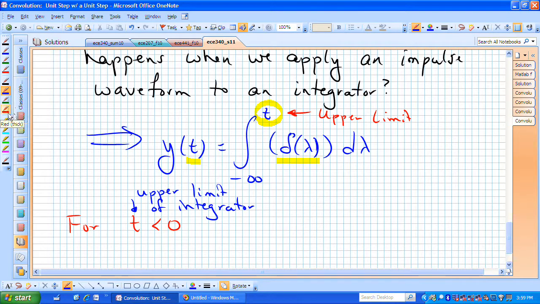For t less than 0, this t is what we are integrating up to relative to the variable of integration lambda. If our variable of integration lambda has not even reached 0, then what's happened to our argument of the integral? If the upper limit of integration t is less than 0, then the impulse waveform delta of lambda has not even turned on.